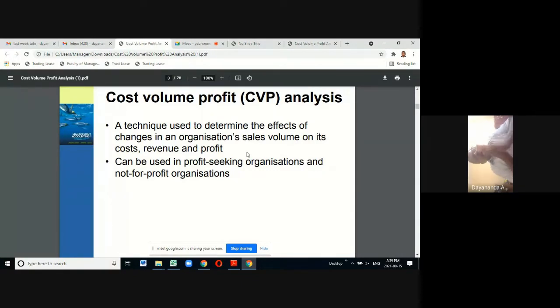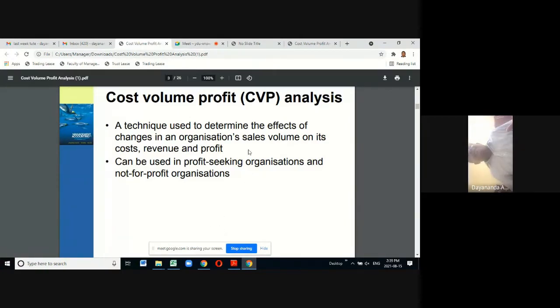So here we talk about the sales volume. Sales volume will have an impact on cost. Sales volume will have an impact on revenue. Sales volume will have an impact on profit. That's the idea. So what is the independent variable and what is the dependent variable in cost volume profit analysis?